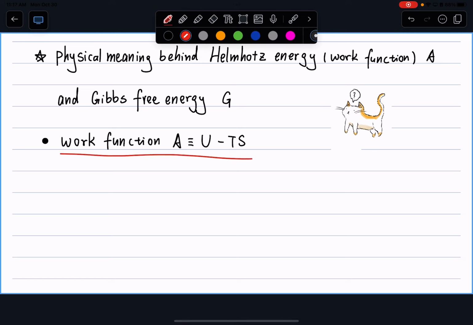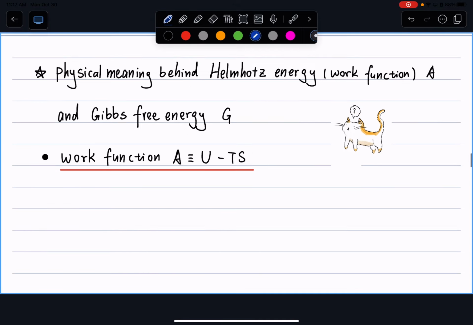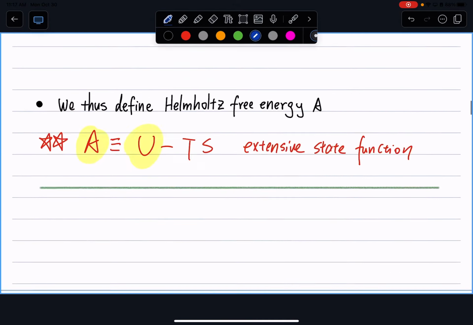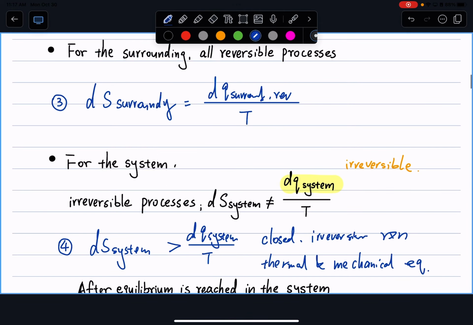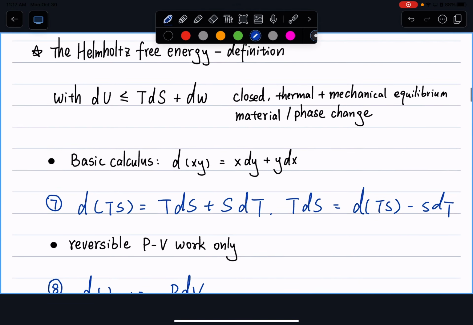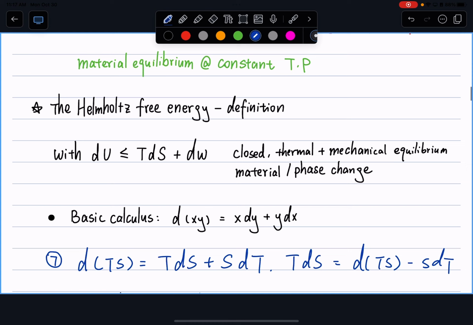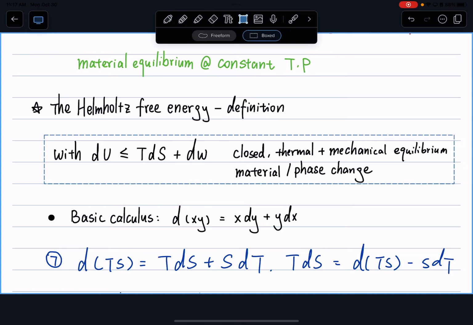The first one, our Helmholtz free energy, is also called the work function. And why is it called a work function? So let's go back to our stage one. So remember what we did before. Let's go back here. The Helmholtz free energy, yeah, here we go. So this is where we start.